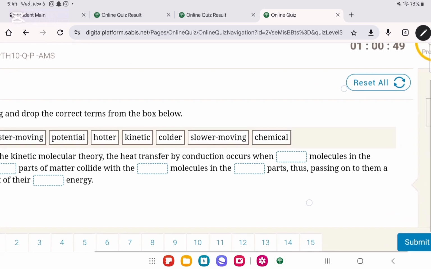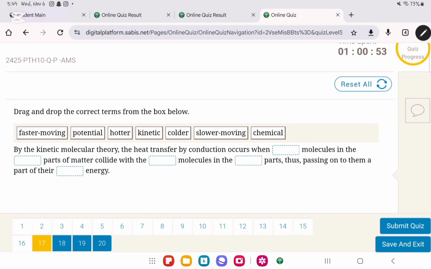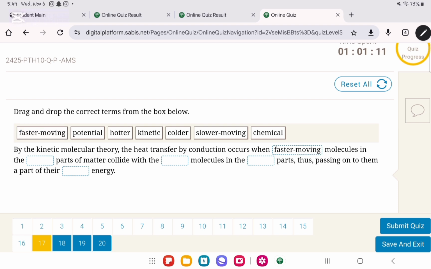Now we are talking about the kinetic molecular theory. We're talking about molecules, which are particles. What happens when you heat something by conduction? The heat transfer by conduction occurs when the faster moving molecules, so you are heating the spoon from the fire, we have fast moving molecules, they have a higher kinetic energy.